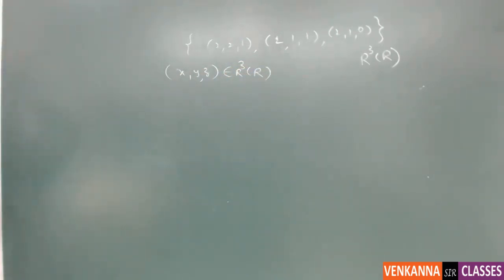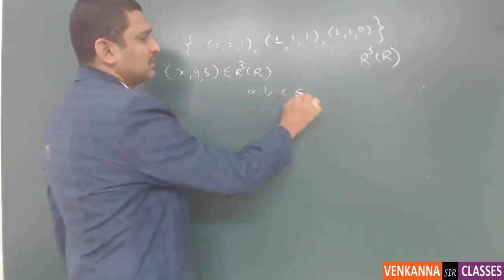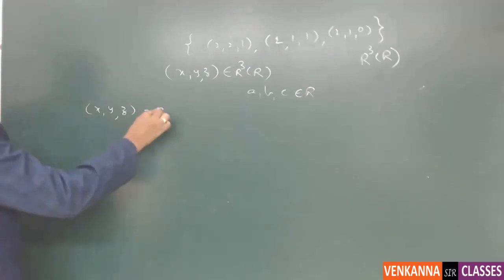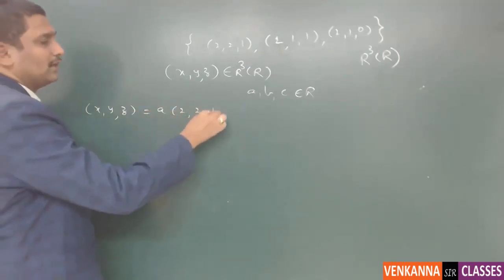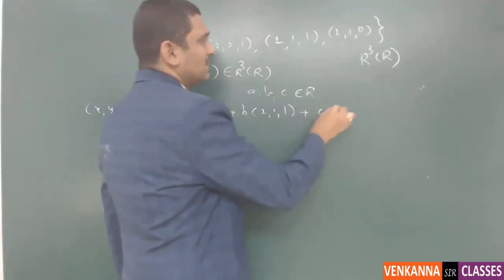Whatever point you consider in R cube, you must be able to write it as a combination of the three vectors. So you take a, b, c as scalars belonging to the field such that (x, y, z) is equal to a times (2,2,1) plus b times (2,1,1) plus c times (2,1,0).